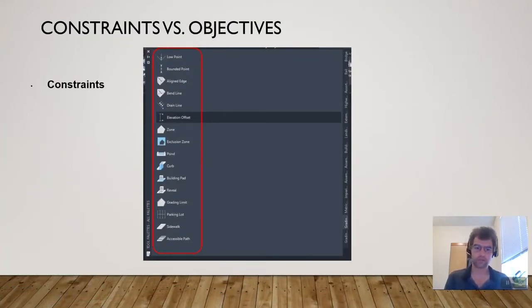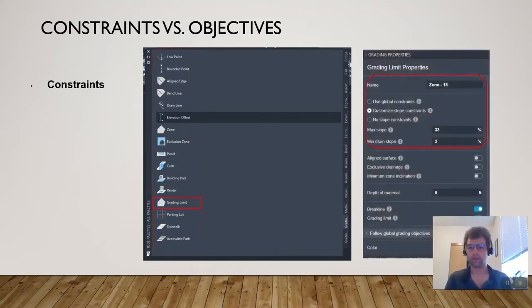You can see here the screenshot. This is all the grading objects, those default grading objects that you have in Civil 3D. From the top here, we have low points, bounded points, aligned edges, and so forth. For the most part, when you create that grading object and the parameters you give it, that's a constraint. For example, with the grading limit properties, you can see that there's customized slope constraints, max slope, min drain slope.